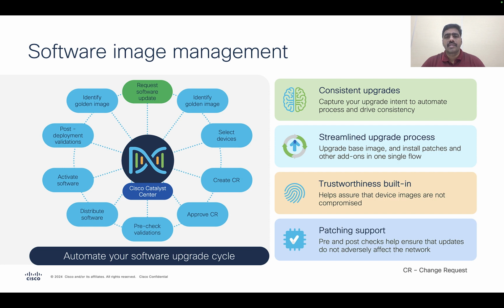And once the activation is done, again a set of checks are run, called the post-deployment validation, to make sure nothing has changed on the device between the software upgrades. A successful completion of the post-deployment validations wraps up the upgrade flow, and the process starts with identifying the golden image when the need for a software upgrade arises in the future. By following the streamlined upgrade process as discussed, Catalyst Center automation can always result in consistent upgrades.